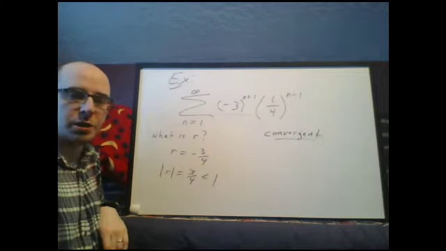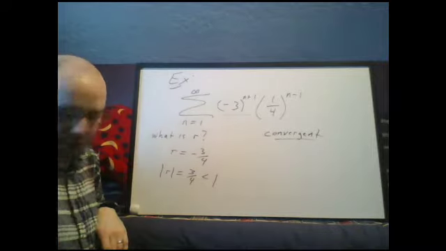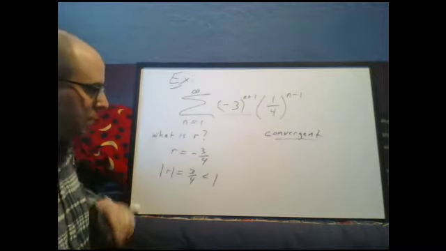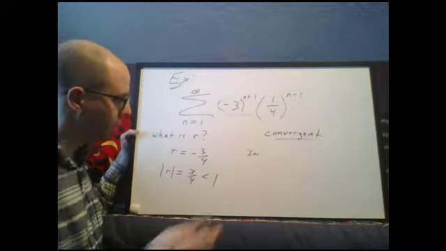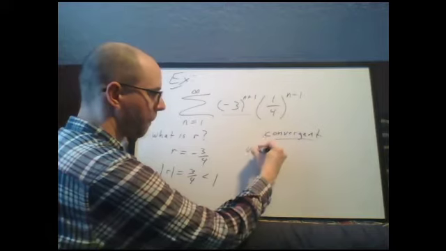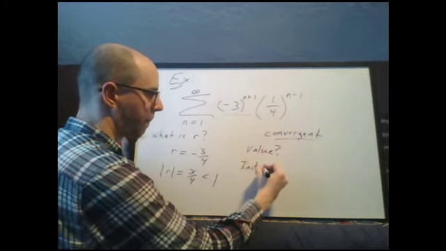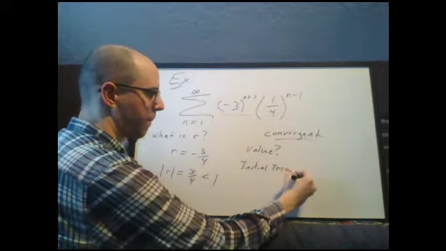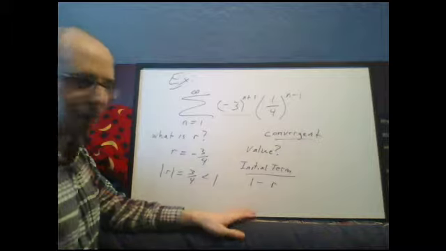And then once we know it's convergent, we have the extra question, what is its value? And that's where I have to use the formula. So its value is the initial term divided by 1 minus r.